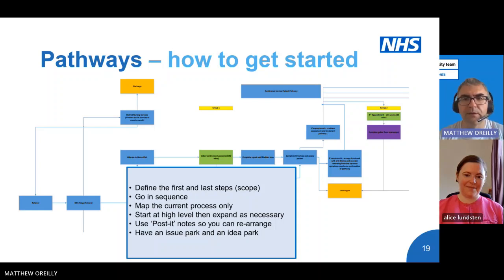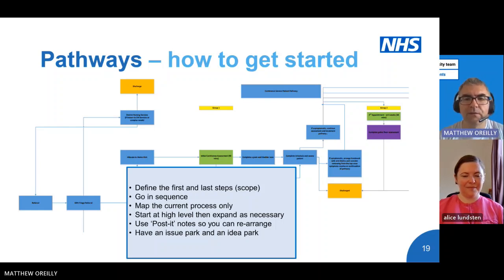And essentially we need to look at each component part. And if we start small, we can build up the level of detail and the size of the pathway map. It's important to note that if you start at a high level, you might well lose some of the detail and then not notice a particular issue or backlog or constraint within your pathway.